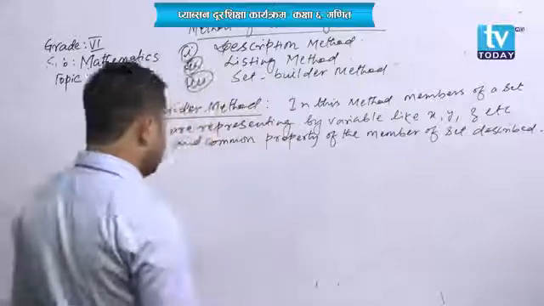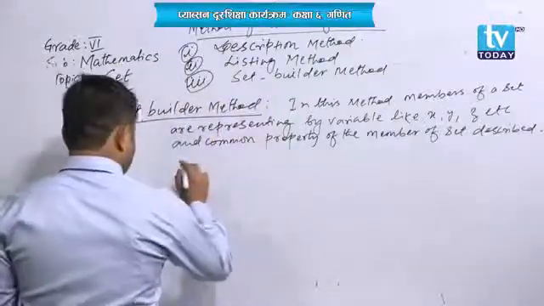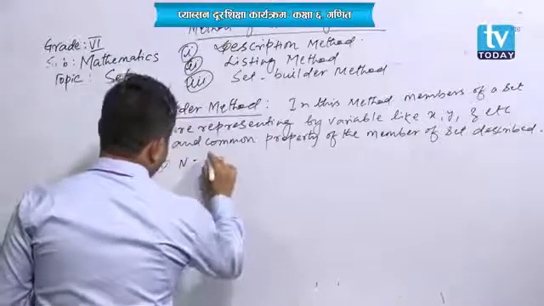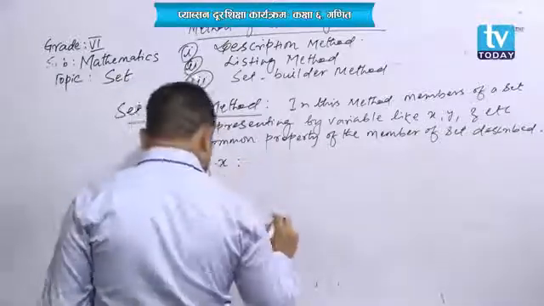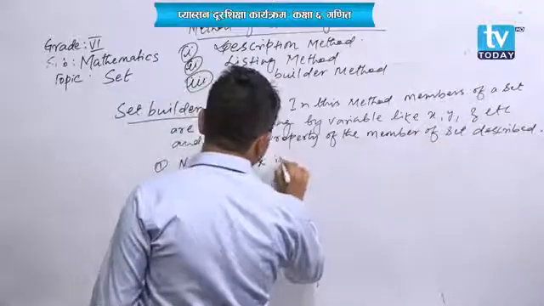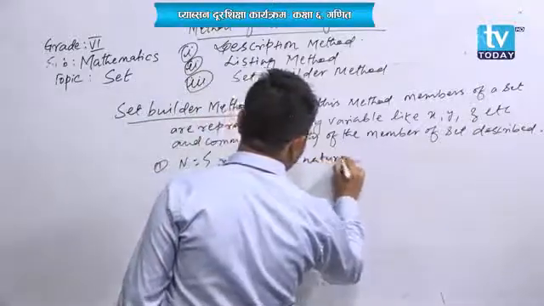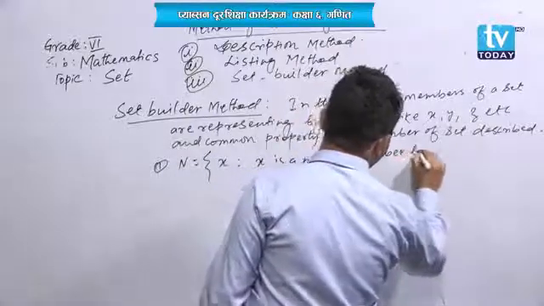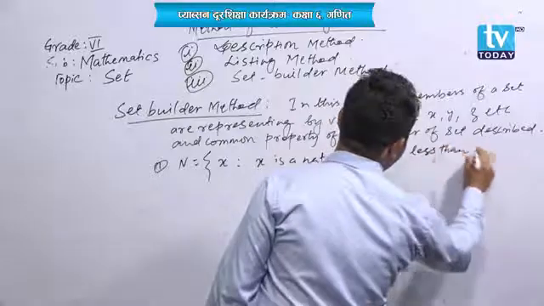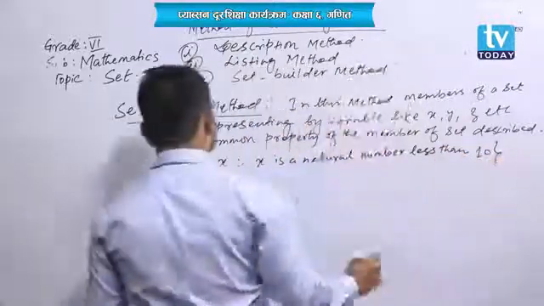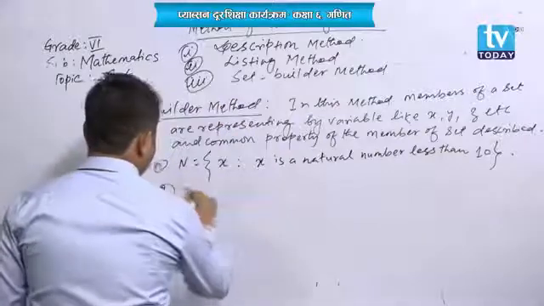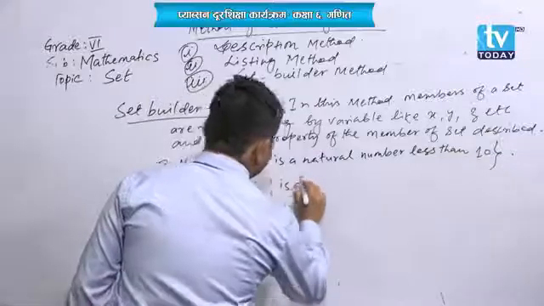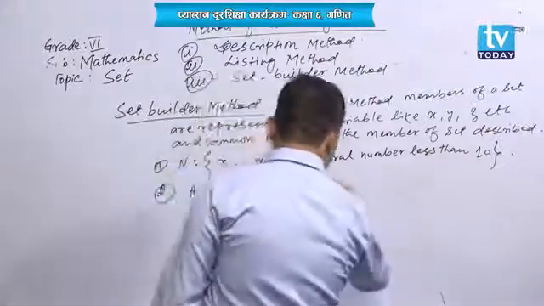Now let me write an example: N, x such that x is a natural number less than 10. And number 2: suppose y is a vowel letter of the English alphabet.